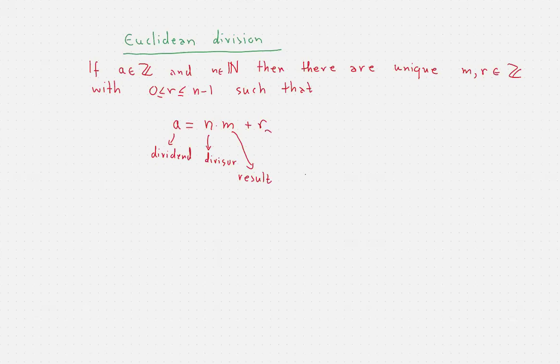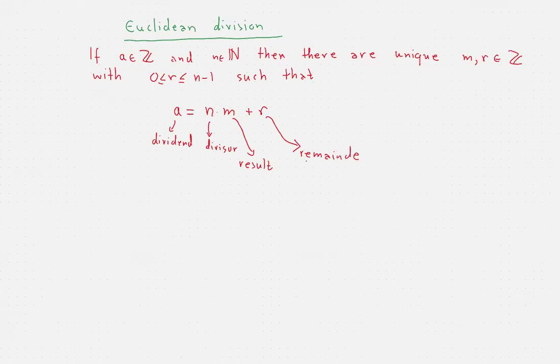So what we would like to do is actually prove this statement that we can always find these numbers and that they're unique having this property, which is a very, very standard thing to do. So how is it done?